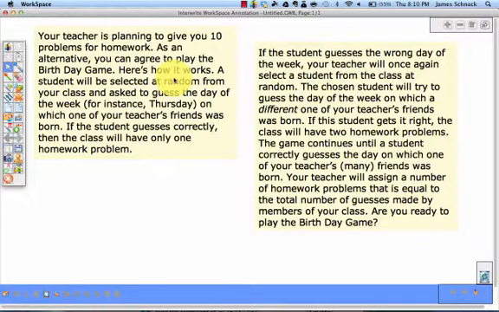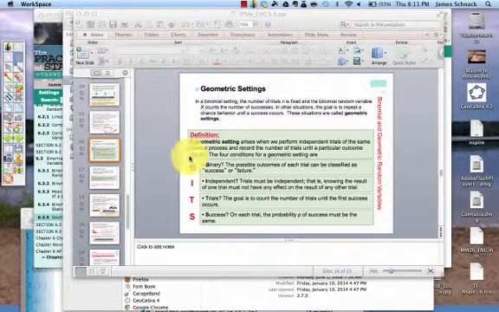If the first person gets it wrong and the second person guesses right, there's 2 homework questions. If 5 people guess wrong and the 6th guesses correctly, there's 6 problems of homework. Otherwise, we can just have straight 10 without playing this game. So the question is, are you ready? Does it make sense to play this game?